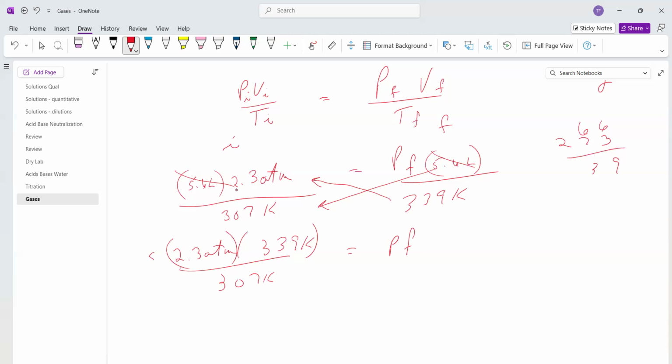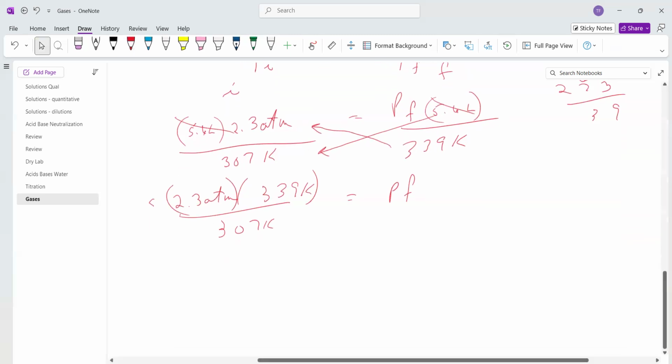Does everyone see where I got these? Now look at the units. The K's cancel, leaving us with atmospheres. What are we trying to calculate? Atmospheres. So the units work out. Then we just grind out the number.